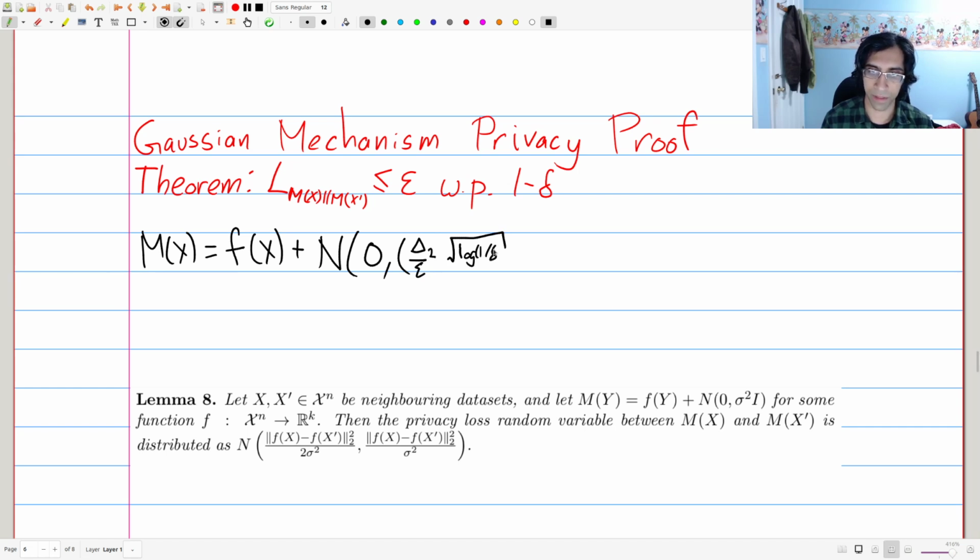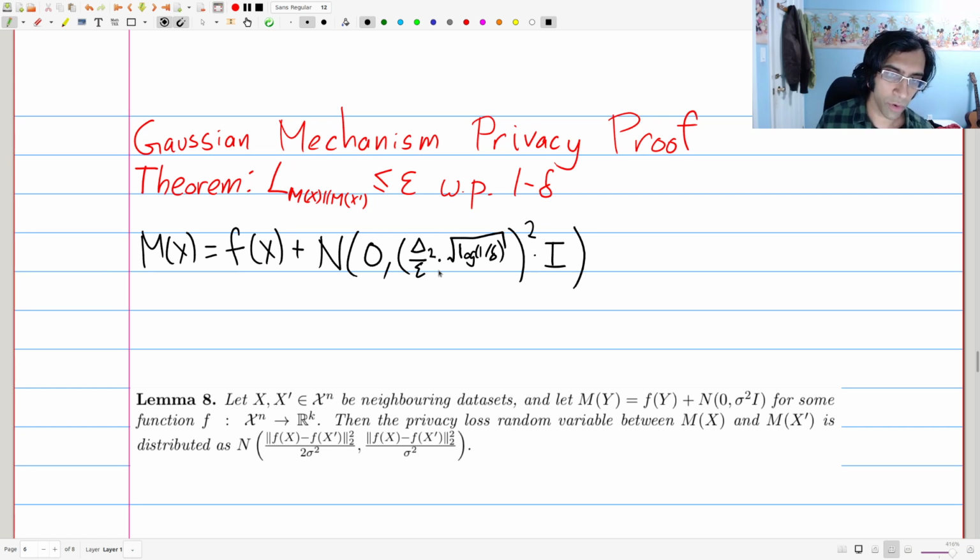I'm leaving out some of these constants because if you want to check them carefully, that's a lot more work. So we're going to add noise to each coordinate of magnitude delta over epsilon times square root log 1 over delta. That's the Gaussian mechanism. Like I said, we're going to ignore these constants because if you want to prove it carefully, then look at the book. We're going to be a bit loose with these constants, just for the sake of teaching it. Otherwise, it'd be a bit more technical than I'd like.